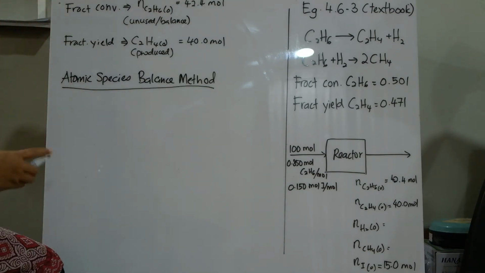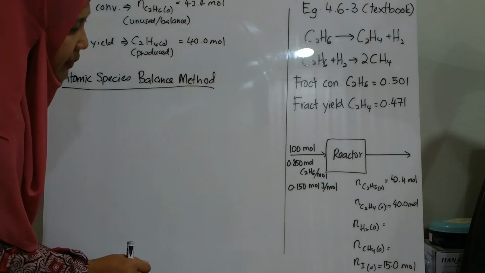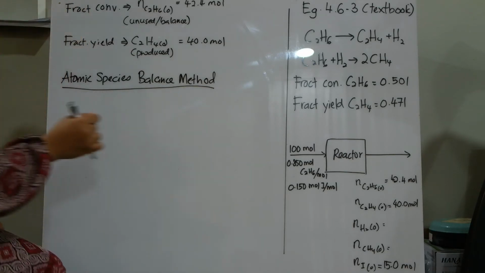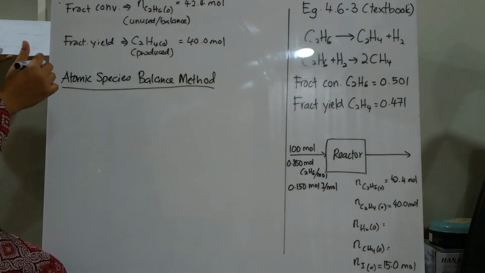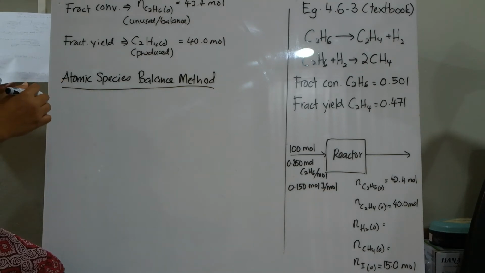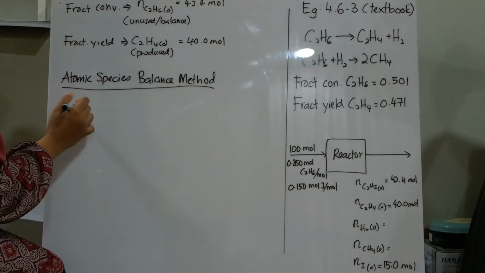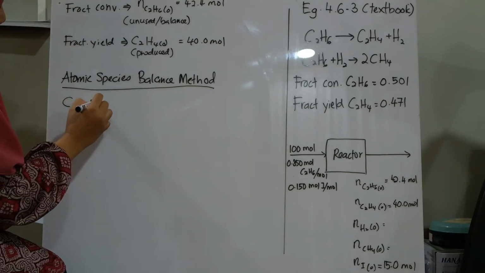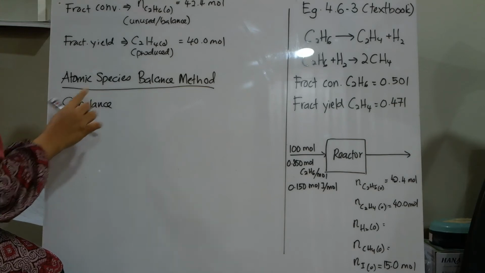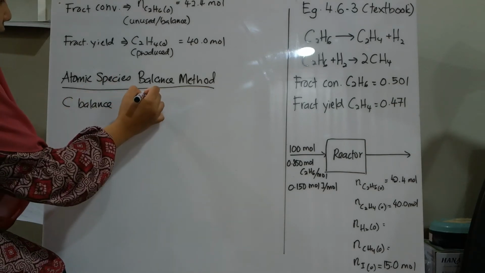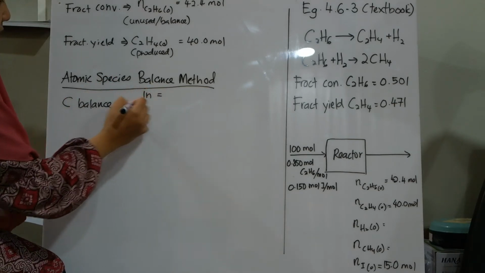Let's use the C balance to determine CH4. For atomic species balance, in equals out: the amount of atoms going in equals the amount of atoms going out.